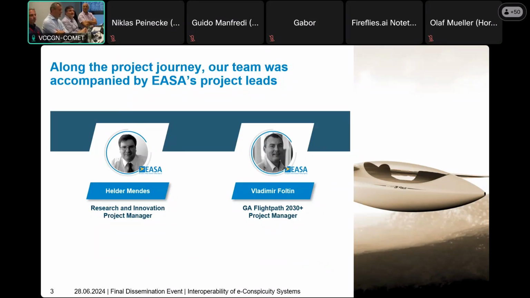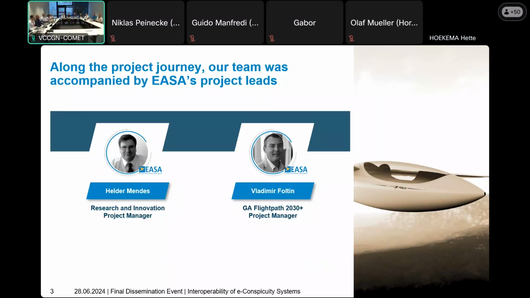I'm a project manager for GA Flight Path 2030 Plus, which is our all-encompassing GA project, a horizontal project for EASA for GA matters, where we try to harmonize the measures and regulations for GA in a coherent way. And for iConspicuity and ADS-L, I'm acting as a focal point there. iConspicuity and ADS-L is one of the major pillars of our work in GA, and therefore this project is very important. Over to you, Olaf.